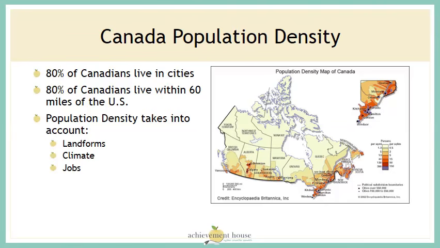That's not really suitable land for large populations or for planting agriculture. Most of the jobs also run along the cities, and the cities in Canada, as you can see on this map, run along the southern border of Canada, just north of the United States. You'll find large density of people living in the area where the jobs are.